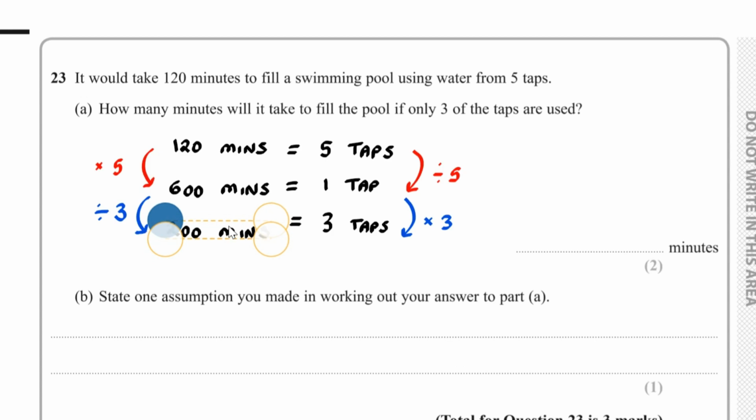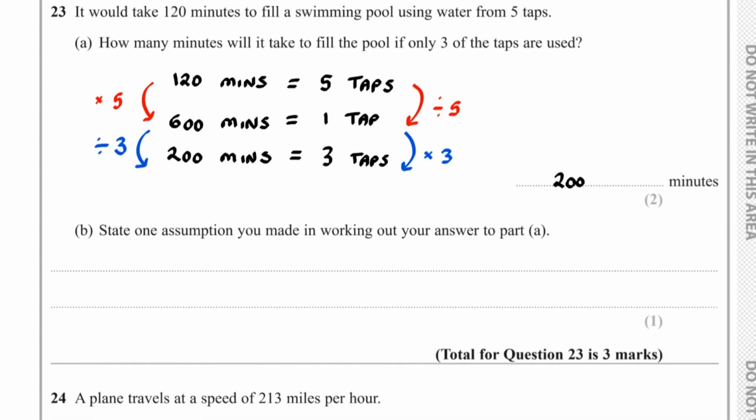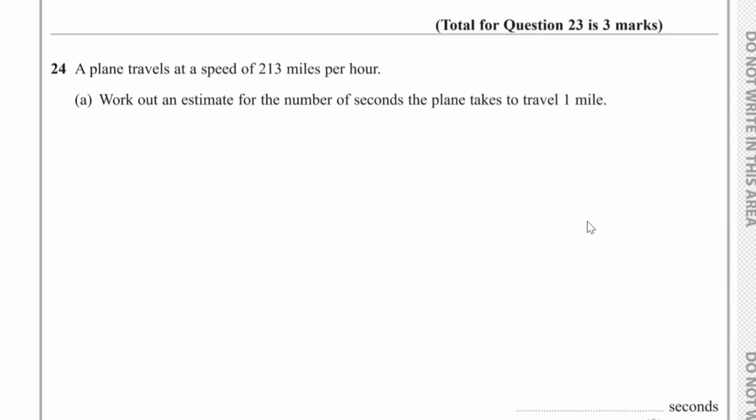It will take 200 minutes to fill with 3 taps. And then for part B, we have to state one assumption we made. Well, we assume that all the taps have the same flow rate.